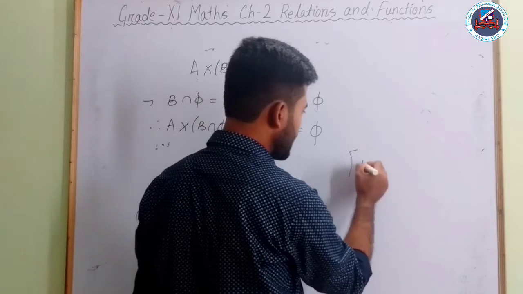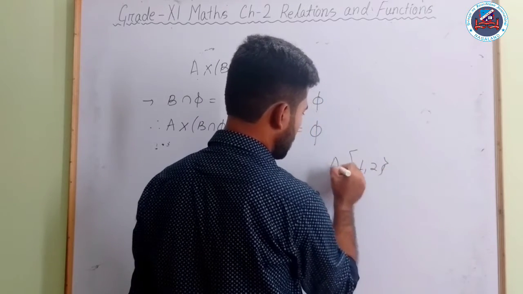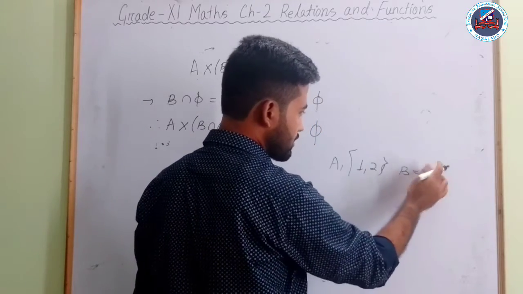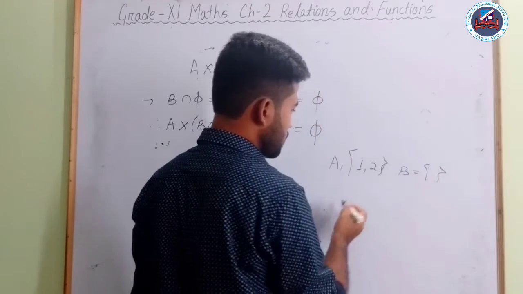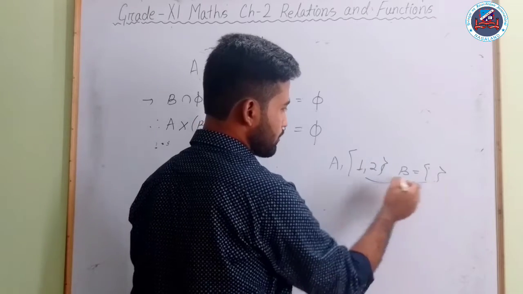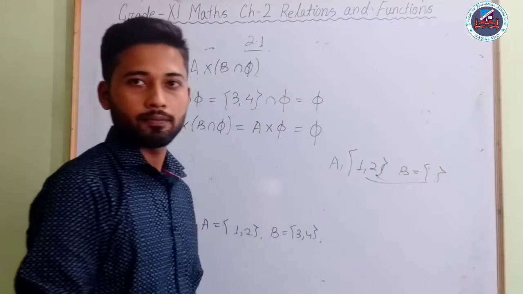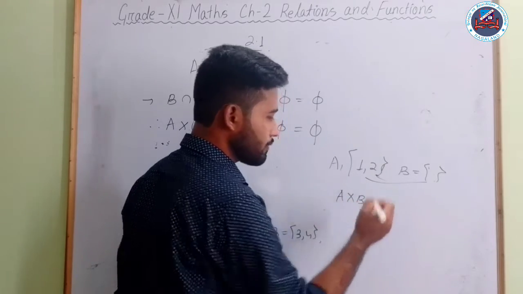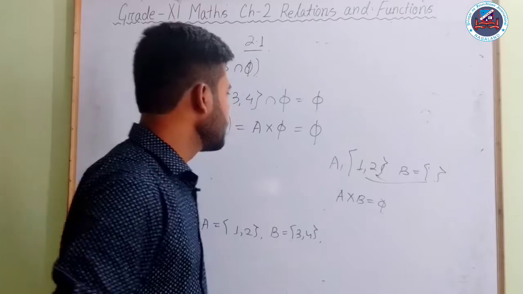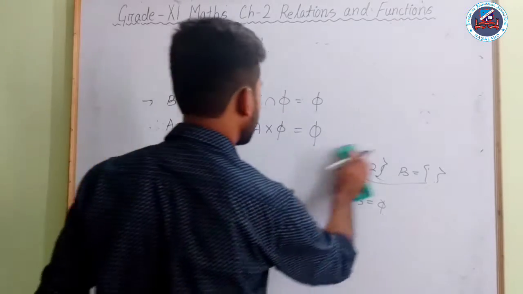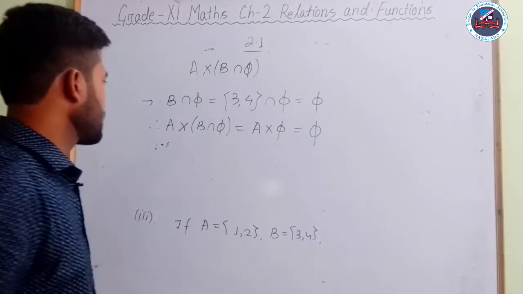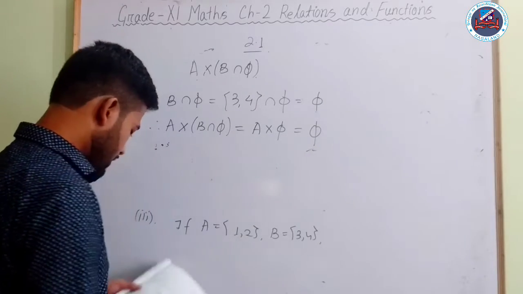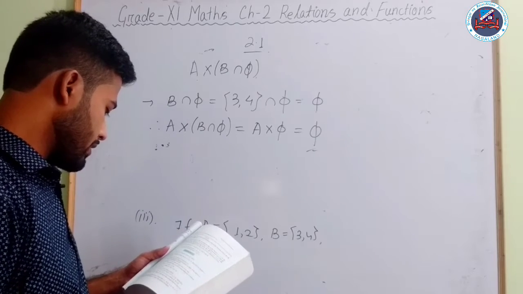Because if I consider A is any set, {1, 2} suppose, and B is phi, that means it does not contain any element, so I cannot take any Cartesian product with any of the elements of this set, isn't it? So definitely our A cross B will be phi, will be empty. Fine. Okay, so thus we have got A cross (B intersection phi) is equal to phi. Therefore we can say that the third statement is correct.